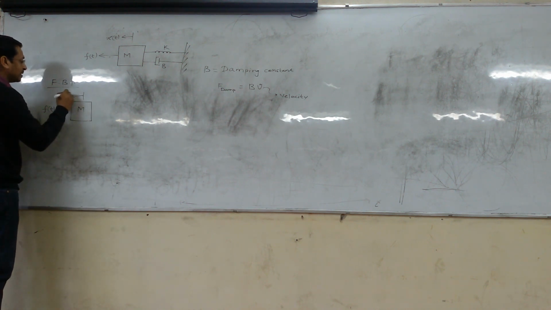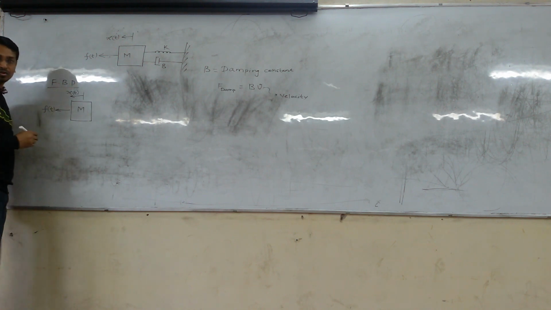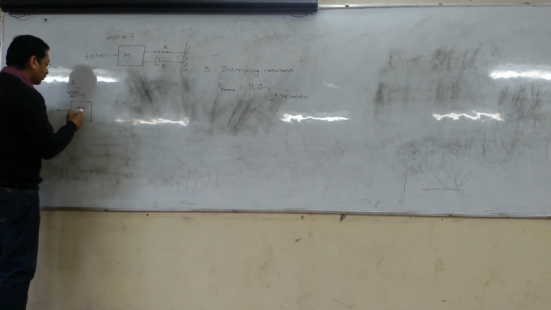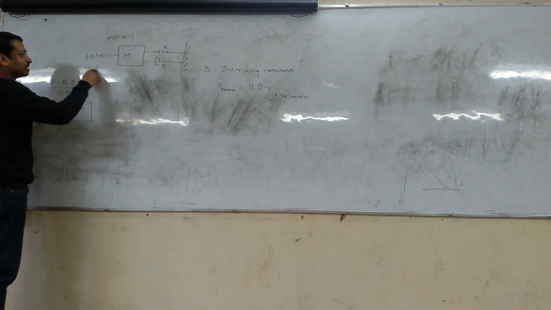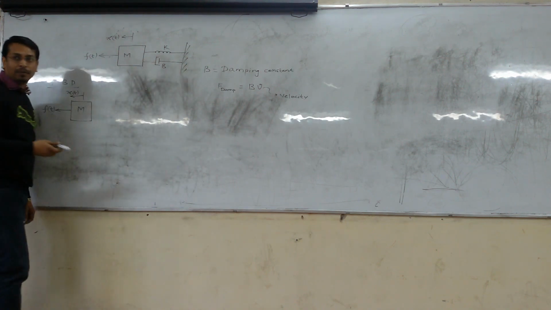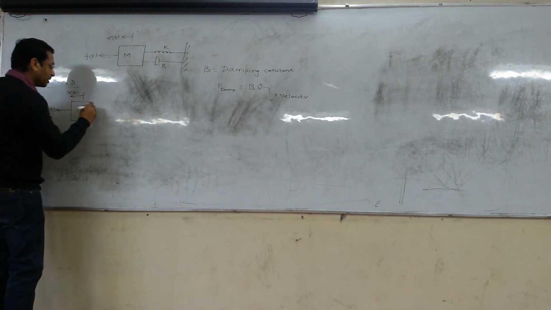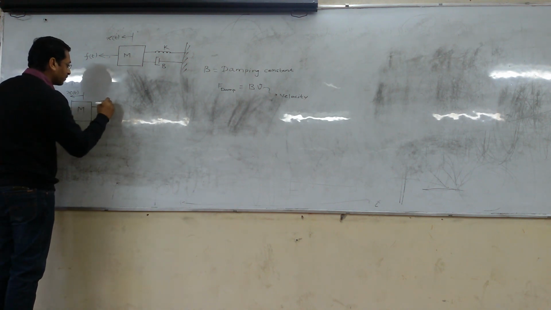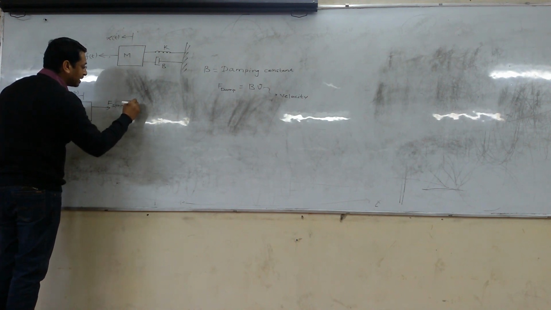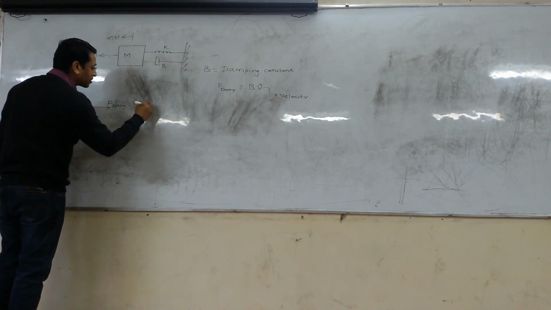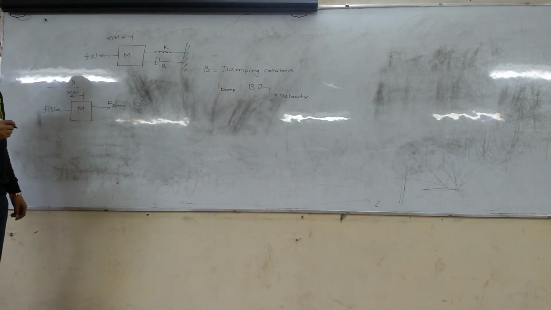This is the corresponding displacement of the mass x(t), and if you apply the force, the mass will move this side. So the spring force will oppose this motion. Accordingly, F spring is equal to what? K multiplied by x(t). Correct?